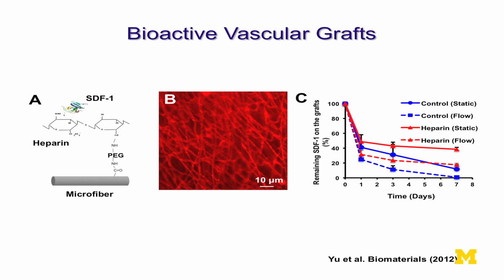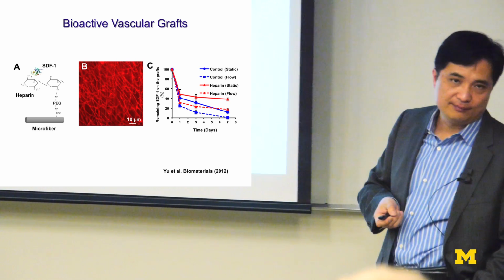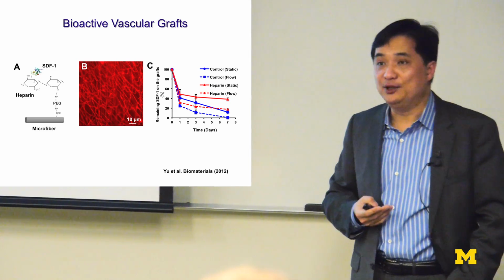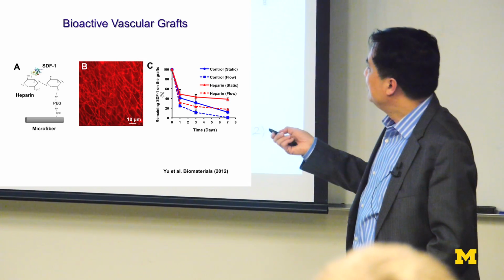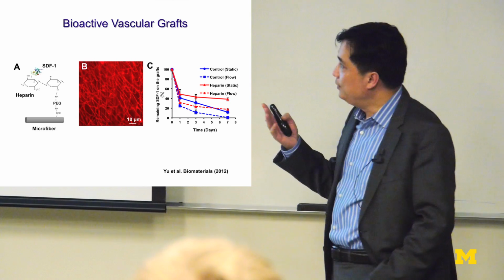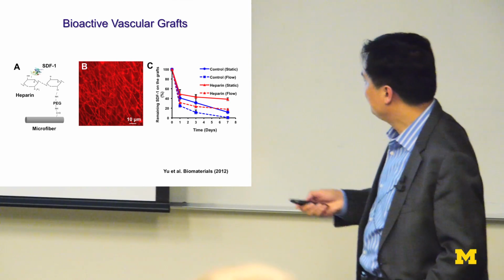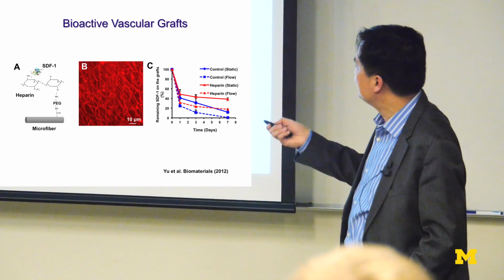And then we immobilize stromal-derived factor 1 onto heparin through the heparin binding sites. This is just a small molecule with about 65 amino acids, and SDF1 is known as a factor that can recruit stem cells. In this case, we know that it can recruit both endothelial progenitors and smooth muscle progenitors. Indeed, if you look at the surface of this scaffold, you can see this fibrous structure.